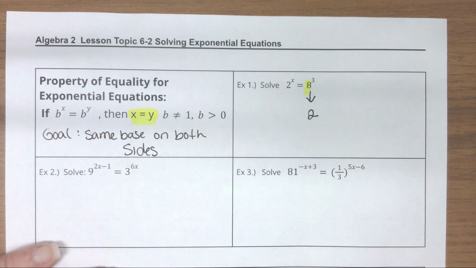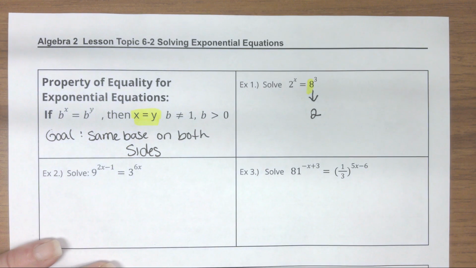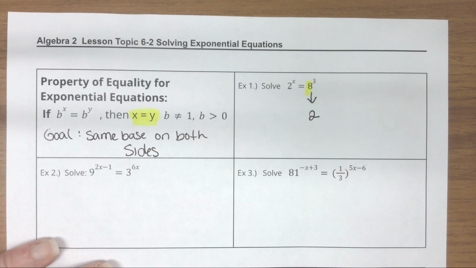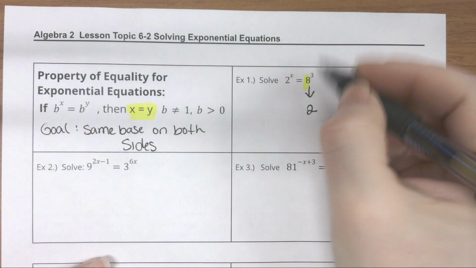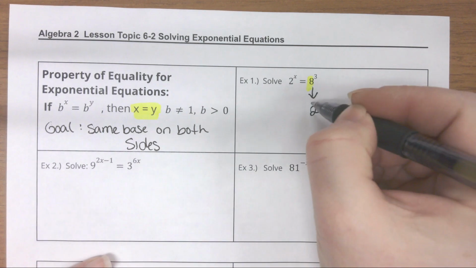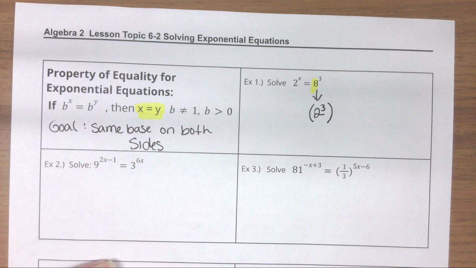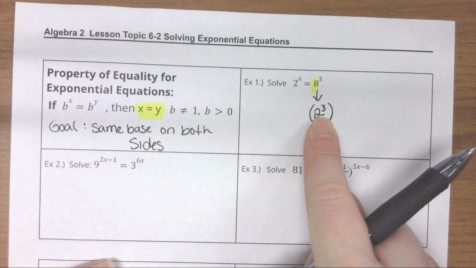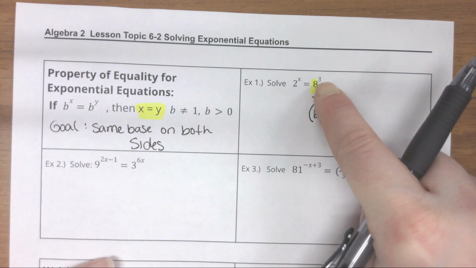Not 2 to the 4th, that's 16. 2 to the 3rd, and this is where you have to check, okay? Or some of you remember I had those roots from the other day, you could have that out as well. So I rewrite that 8 as 2 to the 3rd. All I just did is rewrite the 8. We agree that 8 is 2 to the 3rd, that's the same thing, right? What's still there is that other 3.